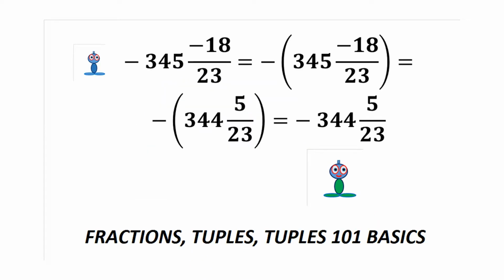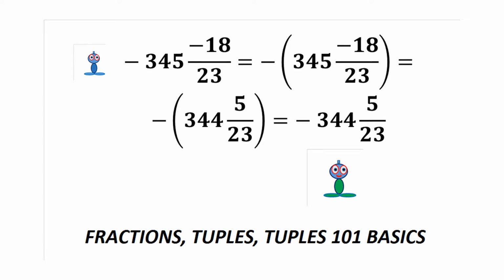In our last example, we have the mixed number negative 345 and negative 18 over 23, not written in the correct form. We do not want a negative fraction with a mixed number. So here's how we're going to do this. It's the negative of the fraction and the mixed number 345 and negative 18 over 23.